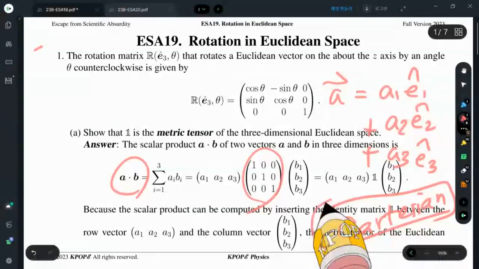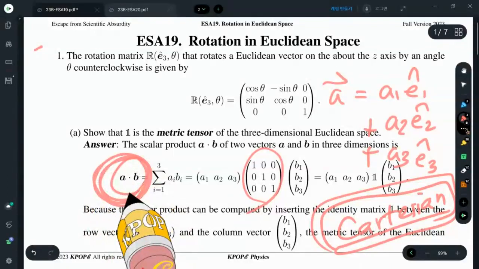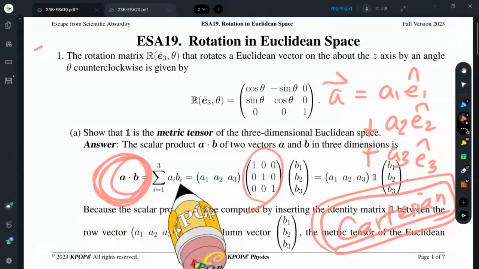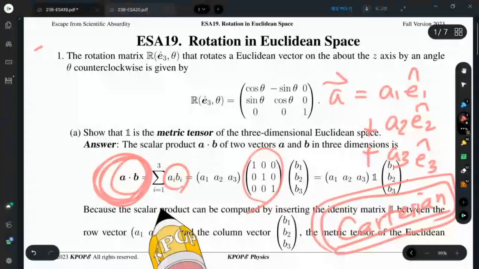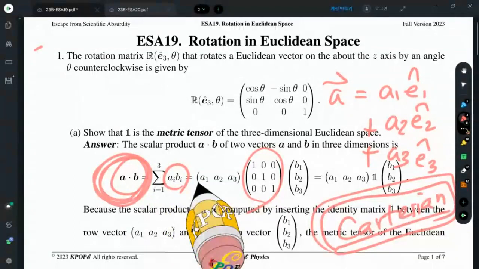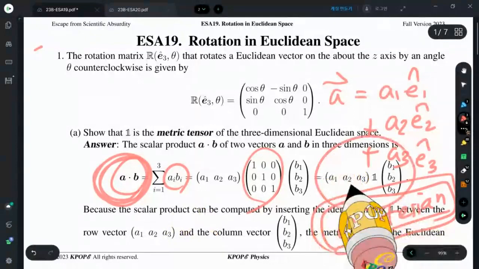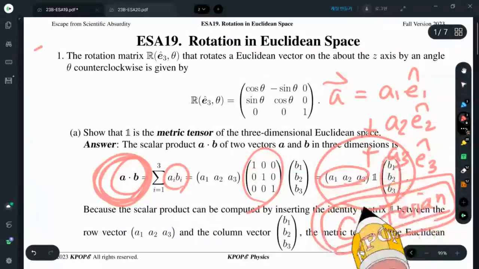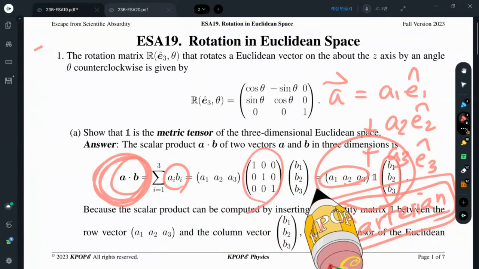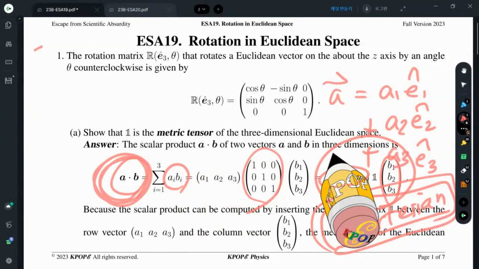If you remember Descartes' face, then as soon as you see scalar product, you are able to reproduce that the scalar product is simply expressed as a sum of products, and a sum of products can be easily expressed as a product of a row vector and a column vector. Remember, Descartes did not learn about matrix. Descartes created matrix. That's simple.